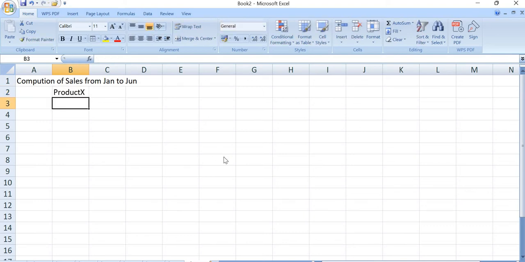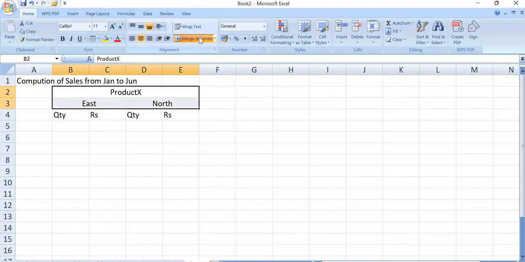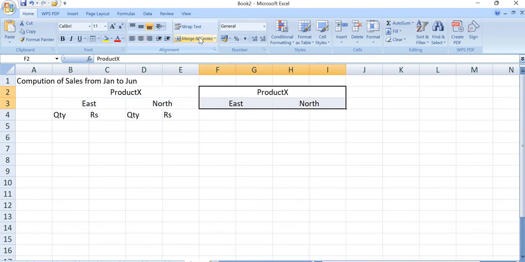So now I am going to calculate for product X. Here we have two divisions, East division, with quantity and rupees, and another division, North. So this is relating to product X.